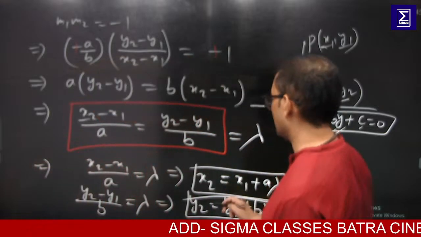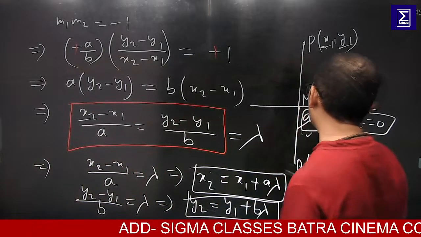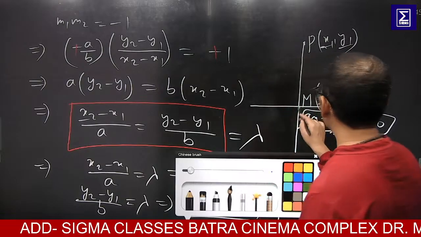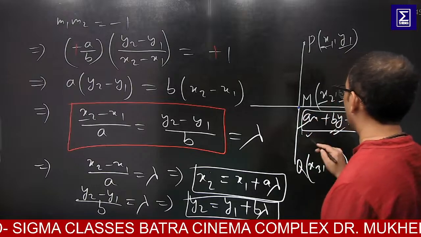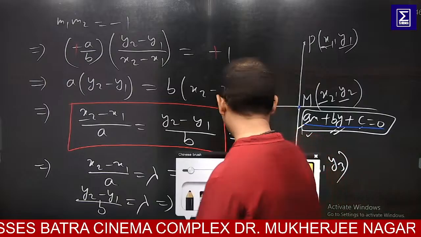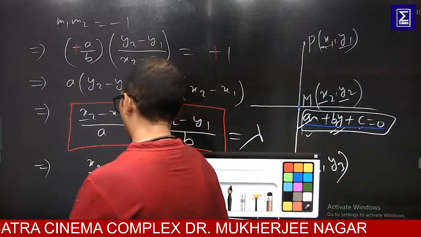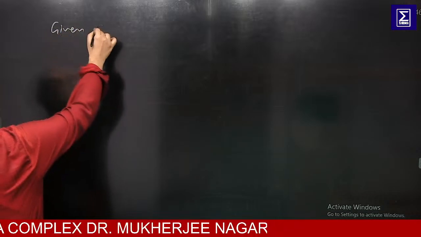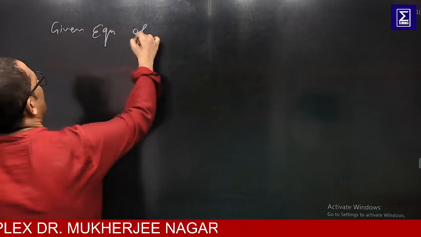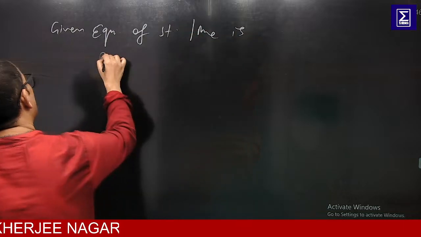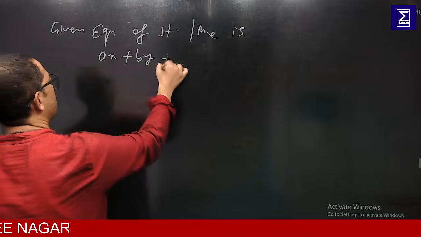Now let us put the values of x and y in the given equation, because this point M is lying on both the straight lines, so it will satisfy this equation ax plus by plus c is equal to 0. So in the next slide, the given equation of straight line is ax plus by plus c is equal to 0.